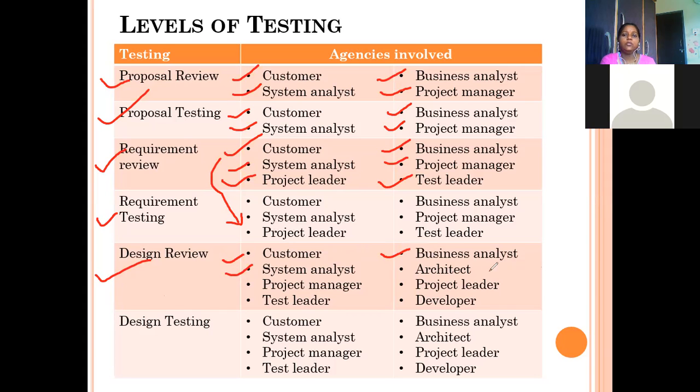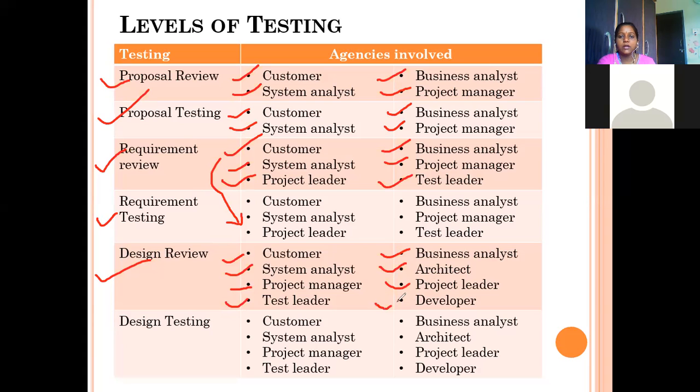Then you need an architect. Why architect? Because whether the design task is done properly or not will be checked by your architect. Then again, project manager, as from the previous requirement testing phase. Then again project leader and test leader, the same as from the previous step.